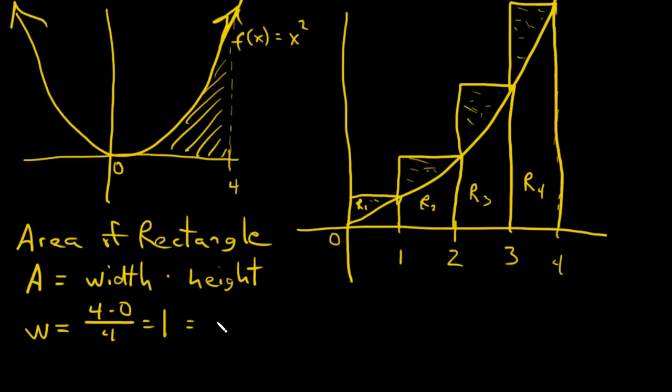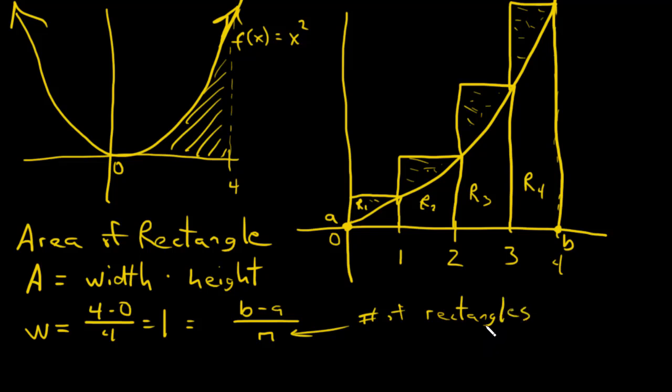And if I wanted to do that in more general terms, b minus a over n, where b is your endpoint, so this right here is b, and a is your starting point, and then n is the number of rectangles. Not bad at all. Okay?